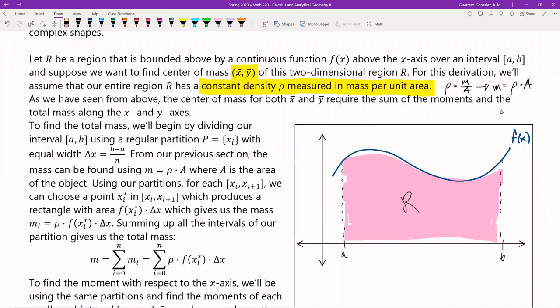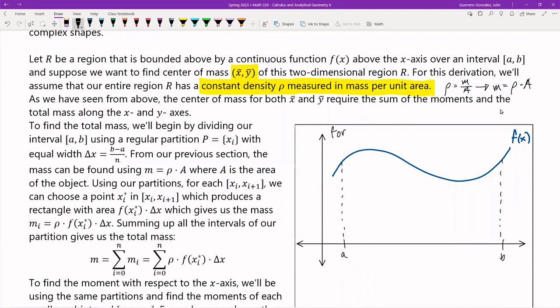So let's go ahead and start our construction here. Okay, so I'm going to clear this out because I'm going to draw some stuff right below it. Okay, so what we're going to do first is we're going to construct for the total mass.